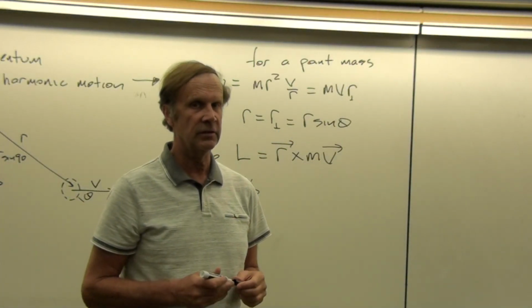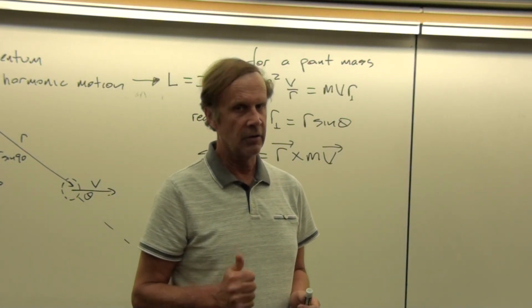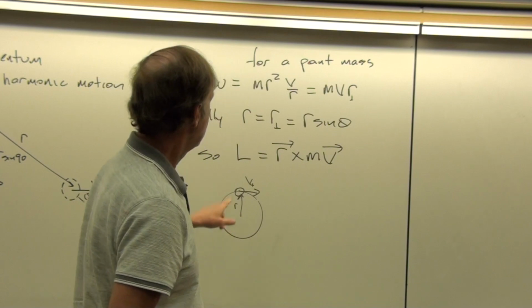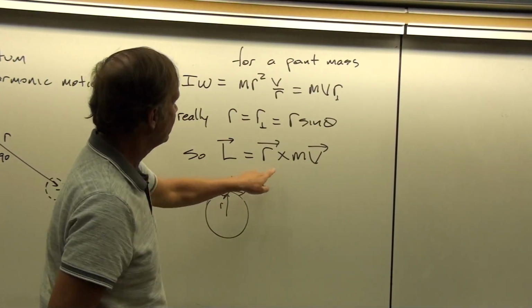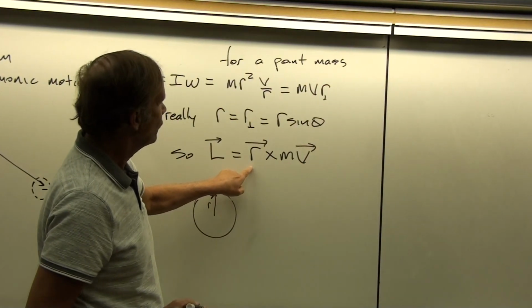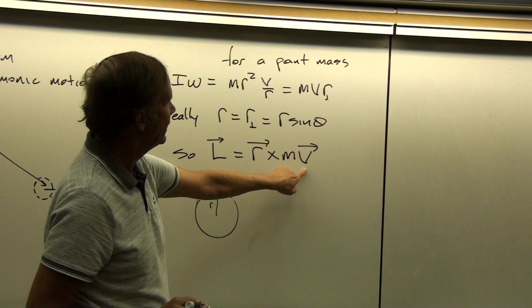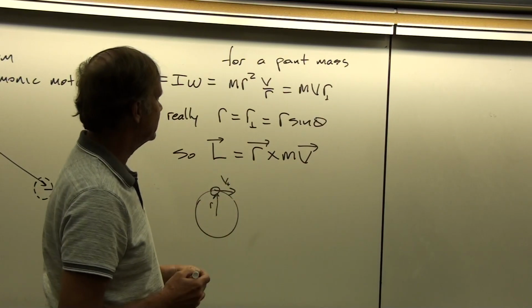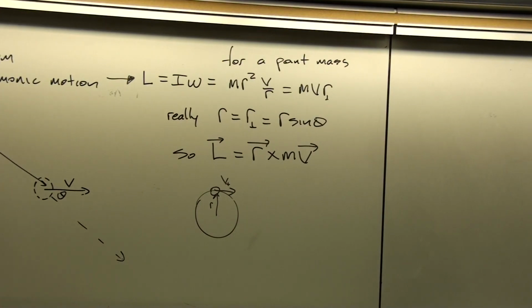And we also looked at this before with torque, with r cross f. And so we can rewrite then the angular momentum expression as a vector cross product of the radius vector and the momentum vector, the tangential momentum vector. Okay, and so let's take a look at an example of how that could work.